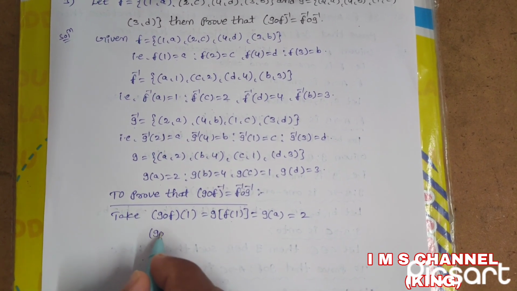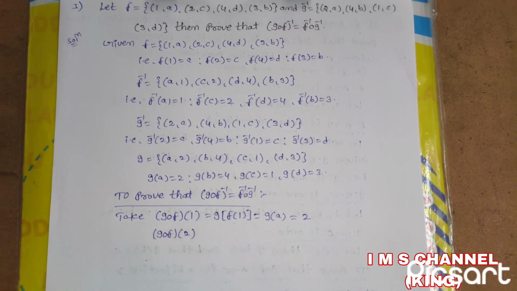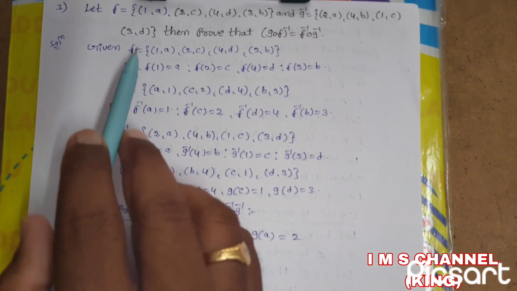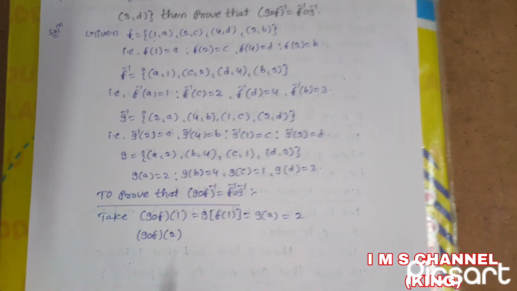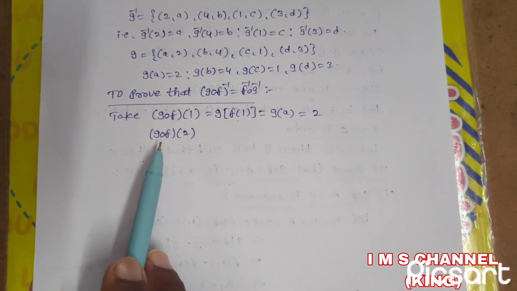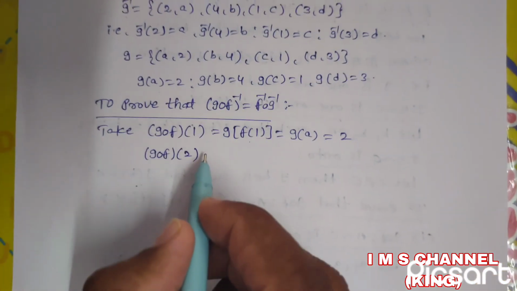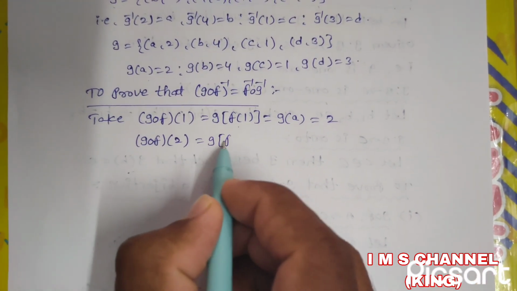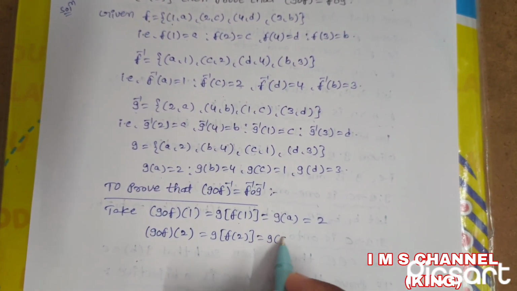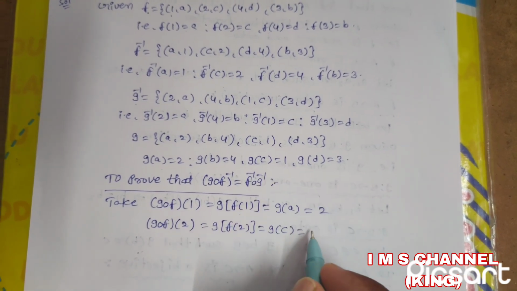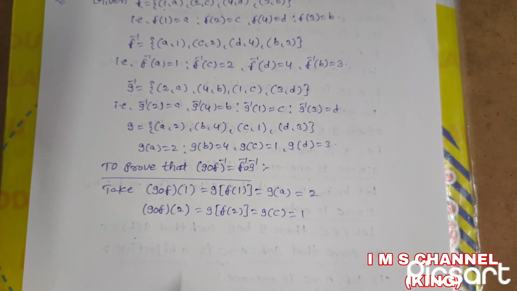Next, now take G circle F of 2. In this function F, domain values are 1, 2, 3, 4. G circle F of 2 is G of F of 2. Here F of 2 value is C, so G of C, and G of C value is 1.